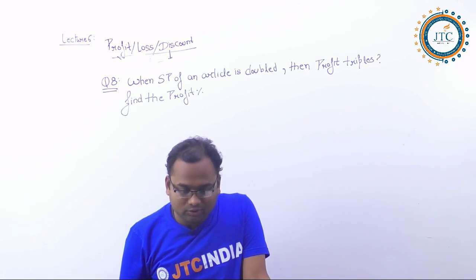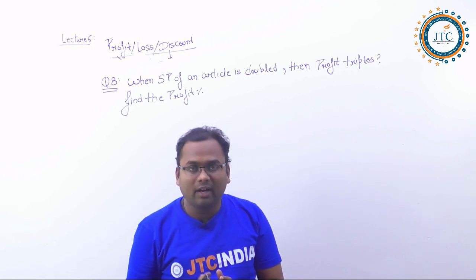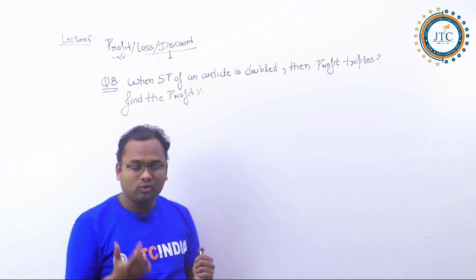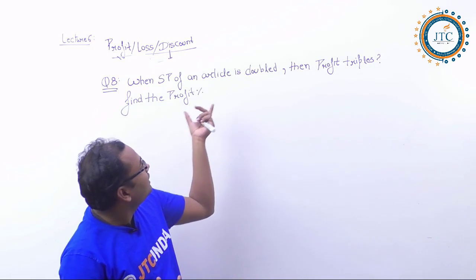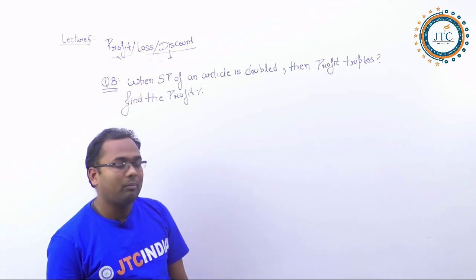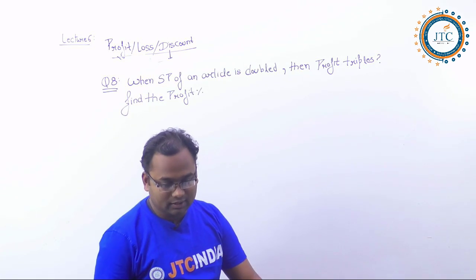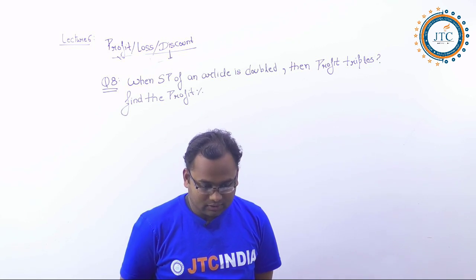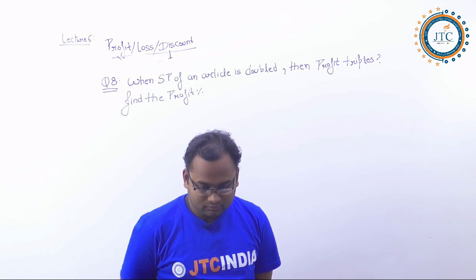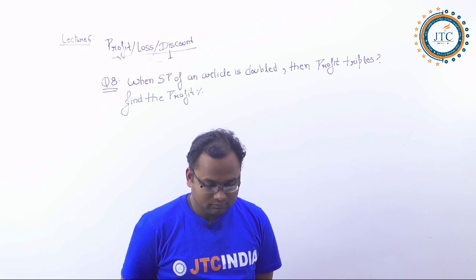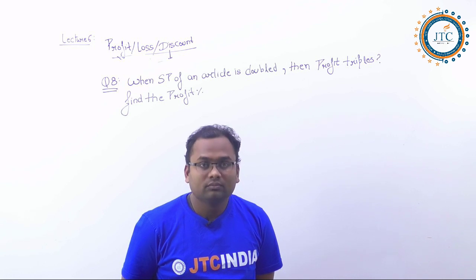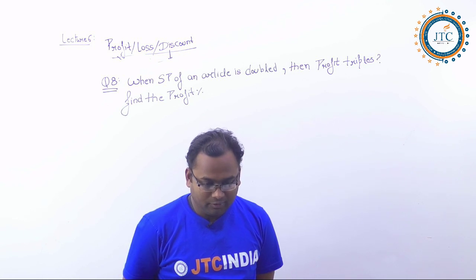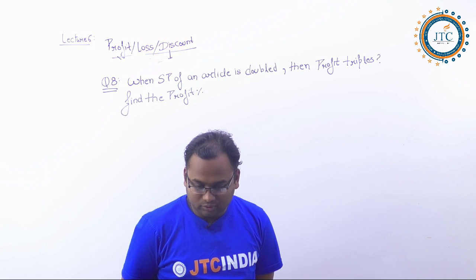Let's take 1 or 2 minutes and try to solve this question, so that after that we can conclude our lecture. Take 1 or 2 minutes. So what the question says, when the selling price of an article is doubled, then the profit triples. So we have to find the profit percent. No, 50 is not the correct answer, Vinod Kumar.